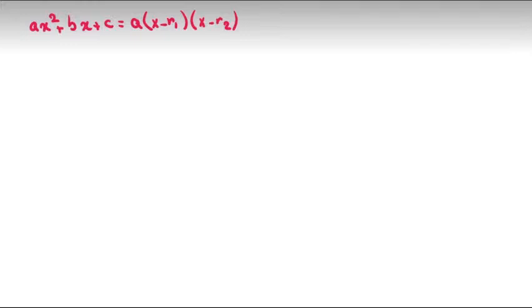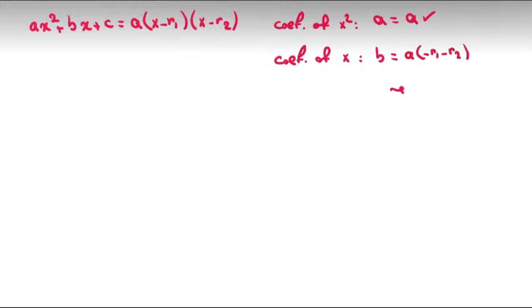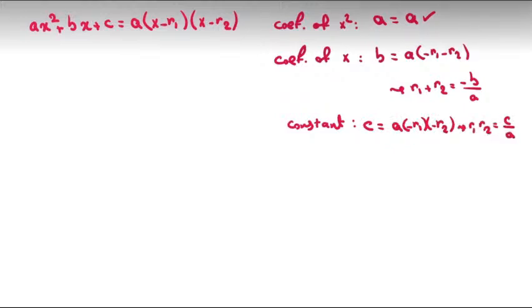So, if we consider the coefficient of x squared, left hand side is a, right hand side is a. It's okay, they should be equal. Coefficient of x, left hand side is b, right hand side is a times negative r1, negative r2. So we conclude r1 plus r2 is negative b over a. If we consider the coefficient of x to the 0, or the constant term, it will be c equal to a times negative r1, negative r2. So you conclude the product of roots r1 r2 equals c over a.